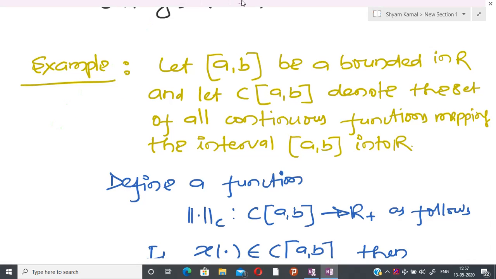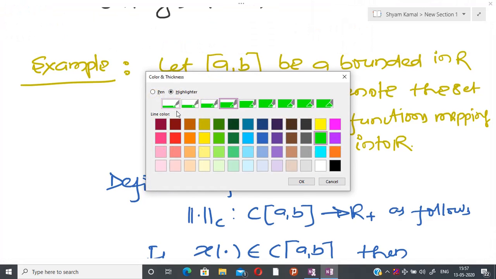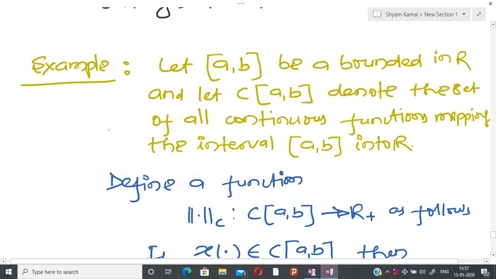So suppose we have some function, like f(t), where I am assuming that t lies from a to b, and this function f maps [a, b] to R.